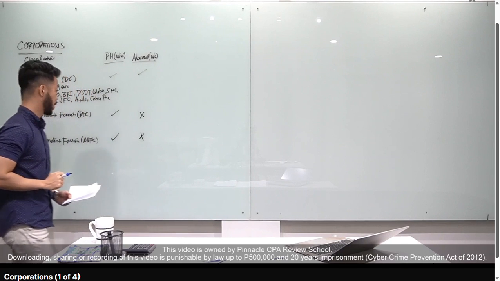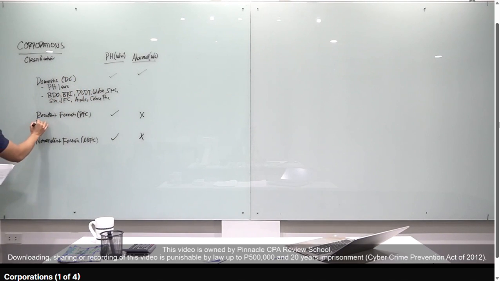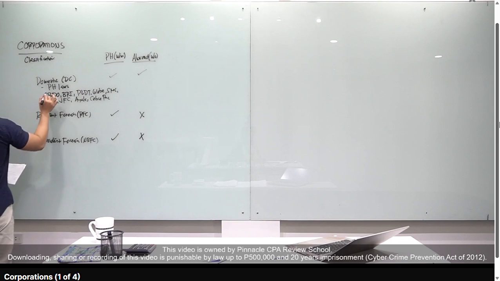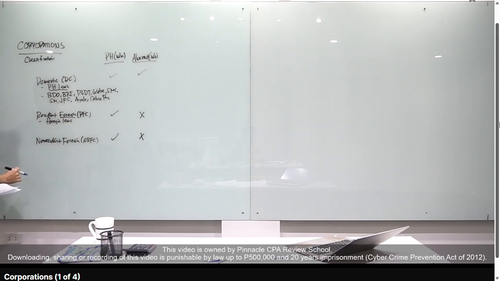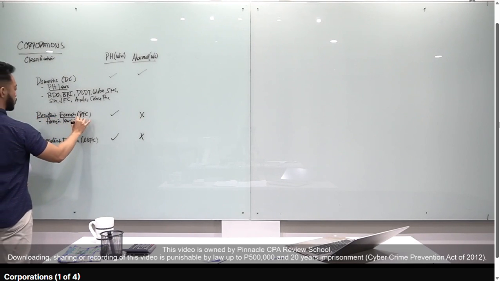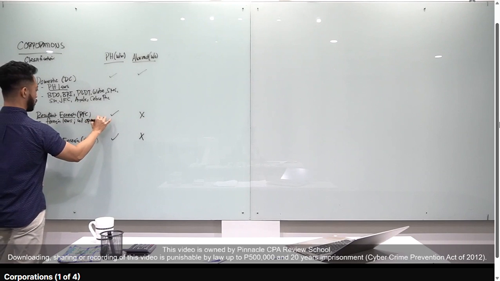Got it? Now, sir, what are resident foreign corporations? If the domestic corporation is organized and created under Philippine laws, it is called foreign because, obviously, it is created and organized under foreign laws. But they have operations here in the Philippines, that's why we call them resident. I'll give you examples.